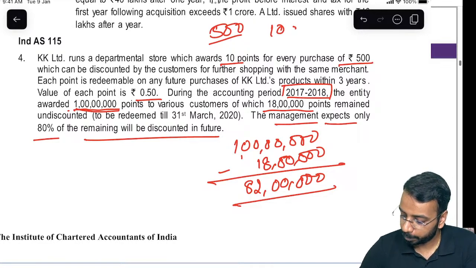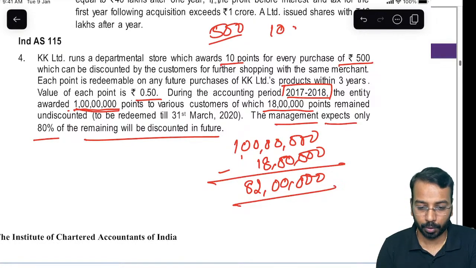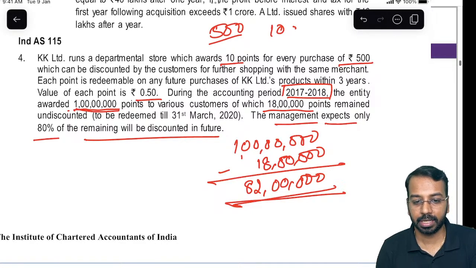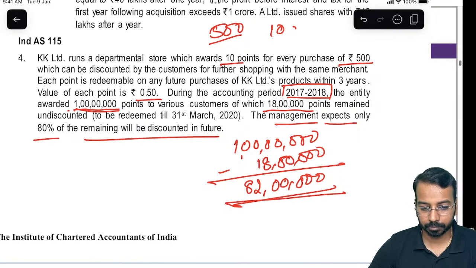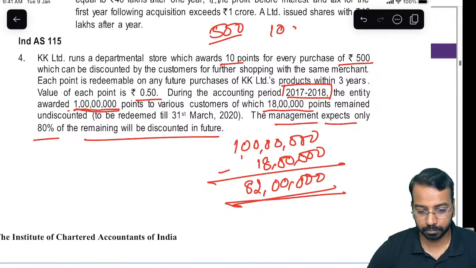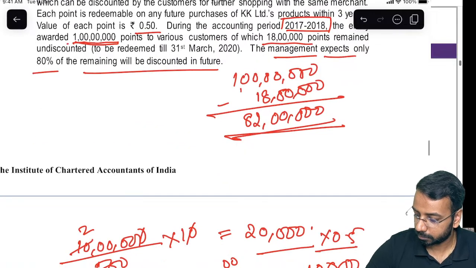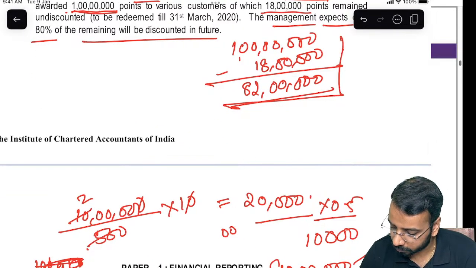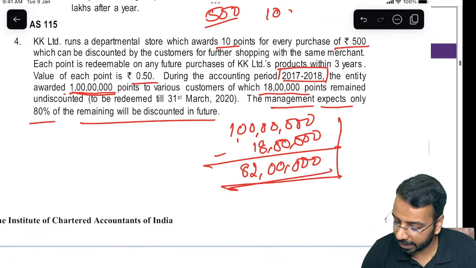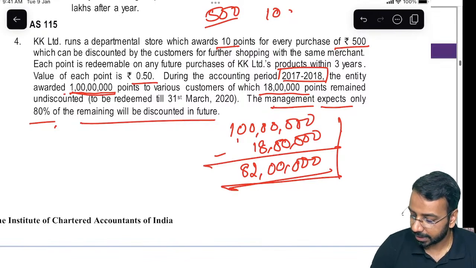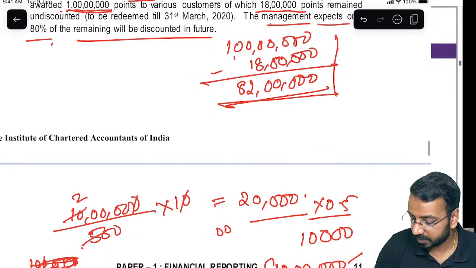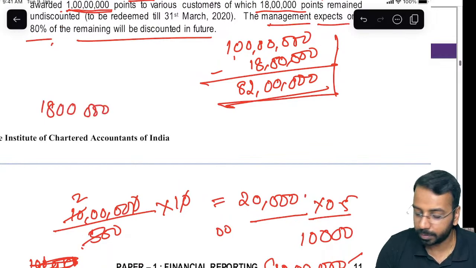So 82 lakhs worth of points have been redeemed in the current period, and the management expects only 80% of the remaining will be discounted in the future. So out of 18 lakhs, in the future only 80% will be discounted.